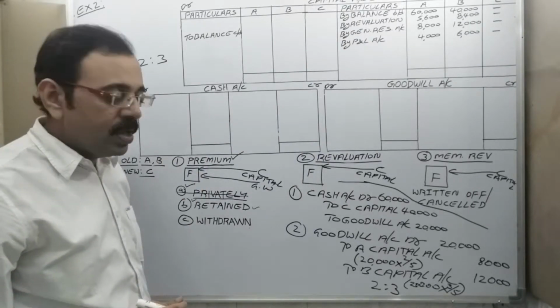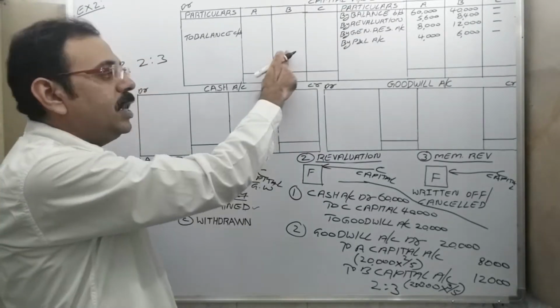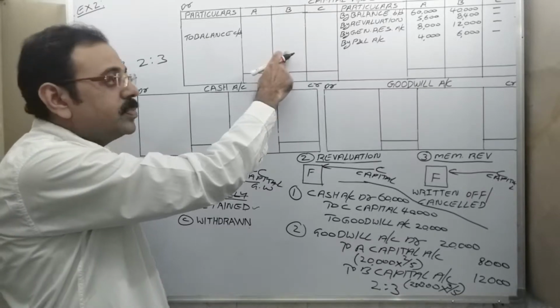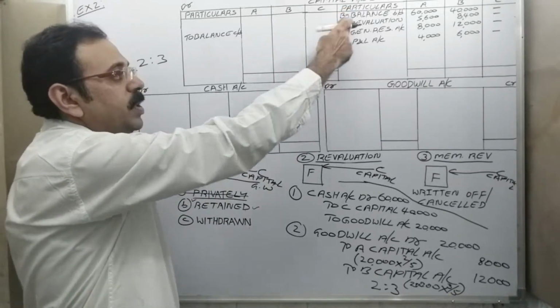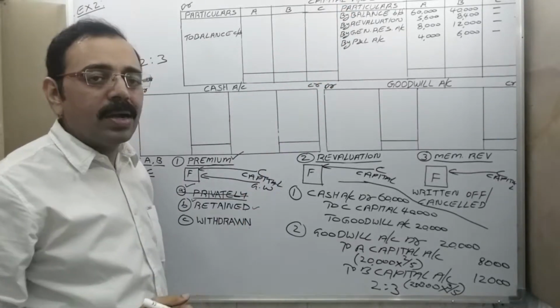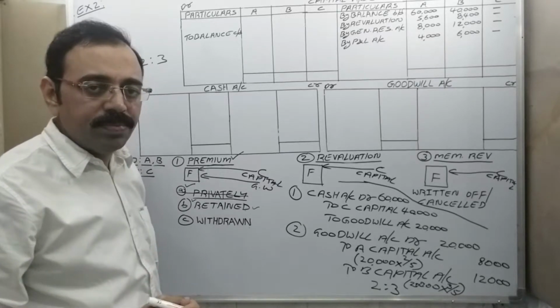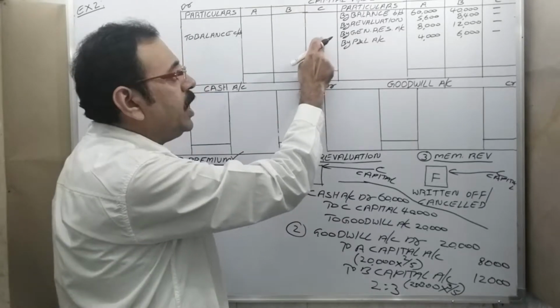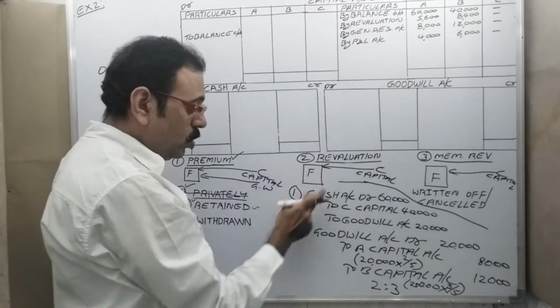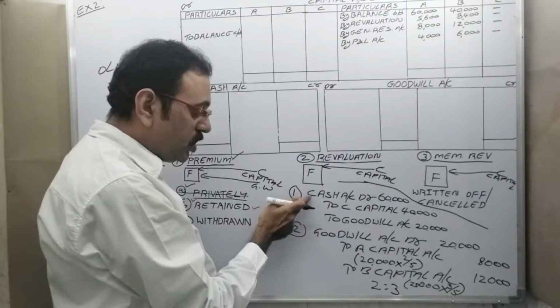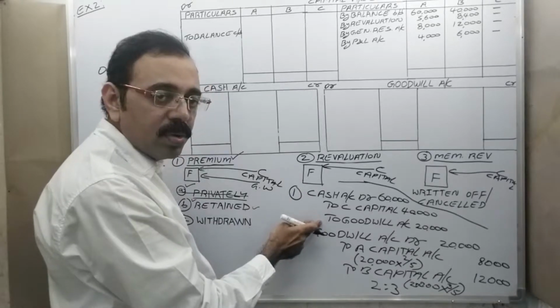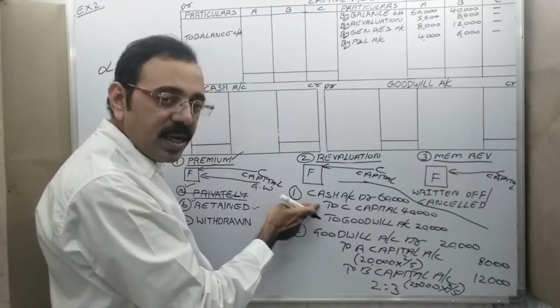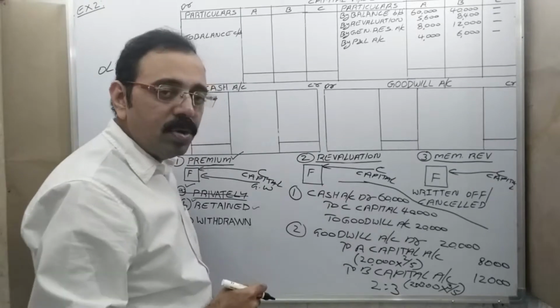Let us see. First, capital accounts. All these points I have explained in the admission of a partner part 3 video. See. Capital accounts we are preparing. So in the first entry, you have to search for capital account. Capital account is on the credit side, to C capital account.